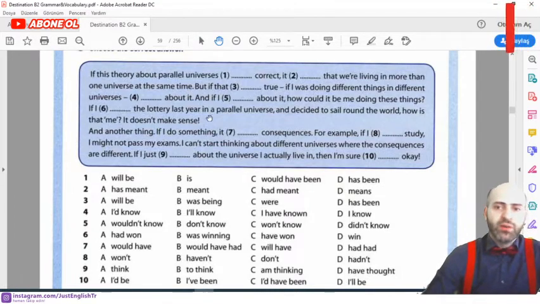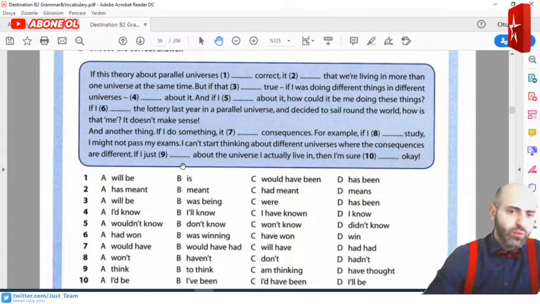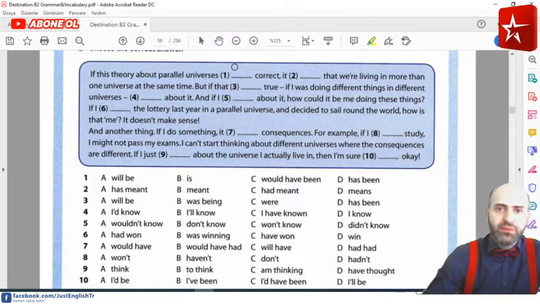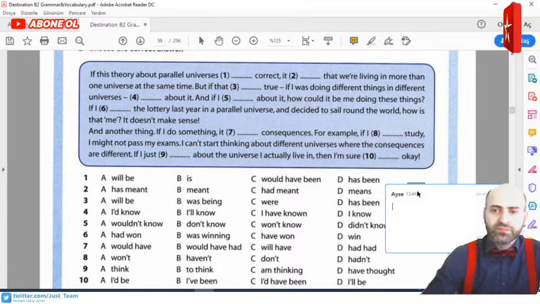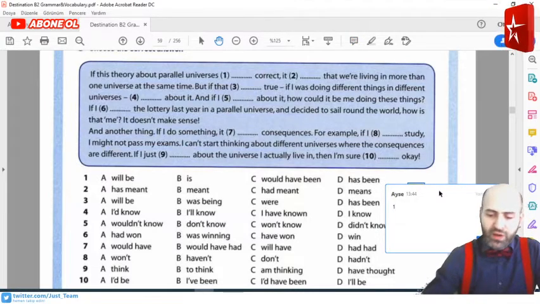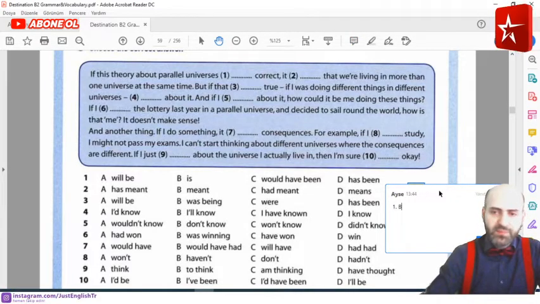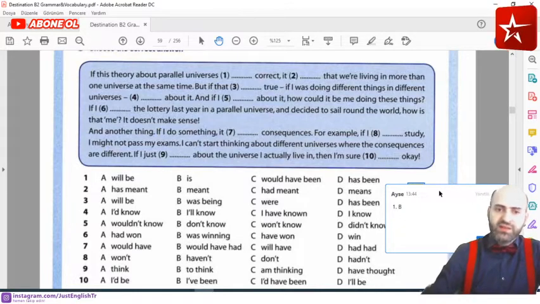Which one is for number 2? Number 1, we agreed that it is B, definitely. Let me write it for you. No, it's not possible, so I will again write comments for you. Number 1, we said is B. Let's see number 2.